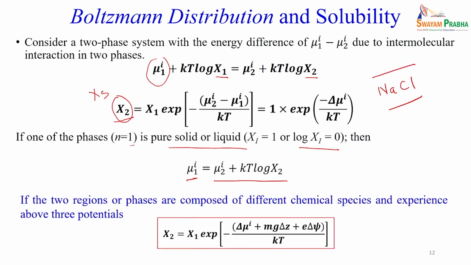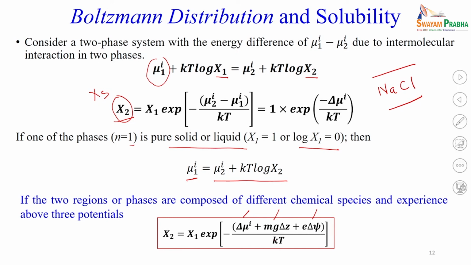Now, if all three potentials are working together, we can simply sum. So, the total self energy will be coming from the interaction potential or intermolecular interactions, from the gravitational forces, and from the electrical potential, divided by kT.